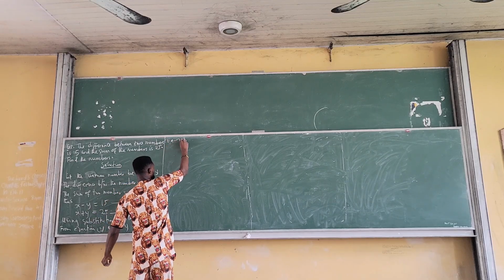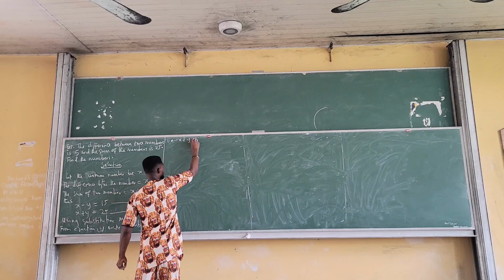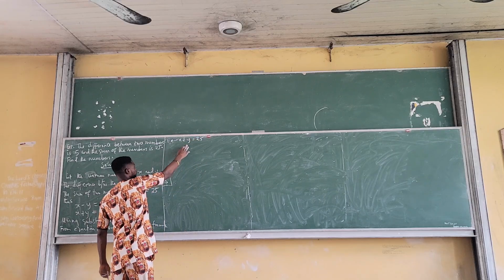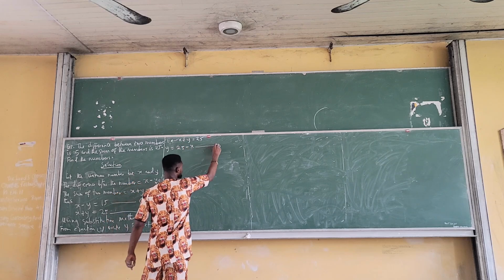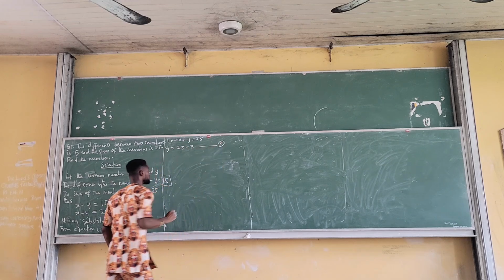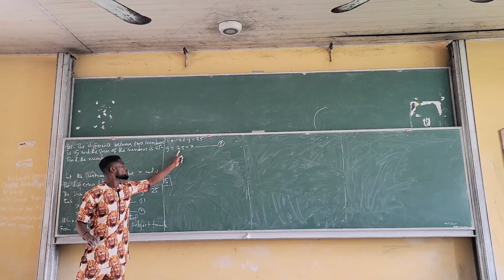Equation 2 is x plus y equals 25. So making y the subject, y will be equal to 25 minus x. Call this equation 3.